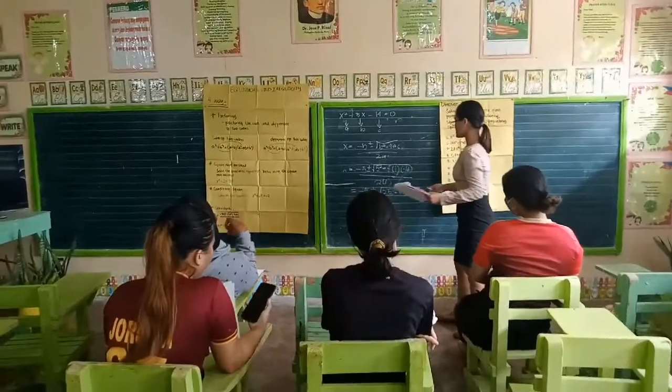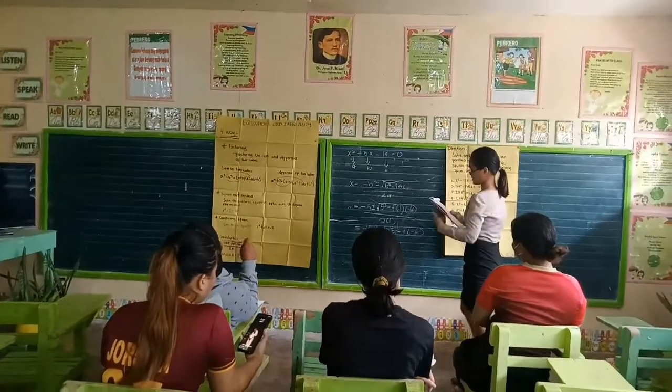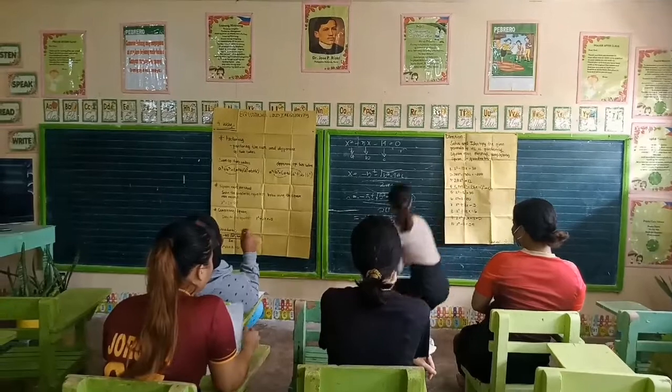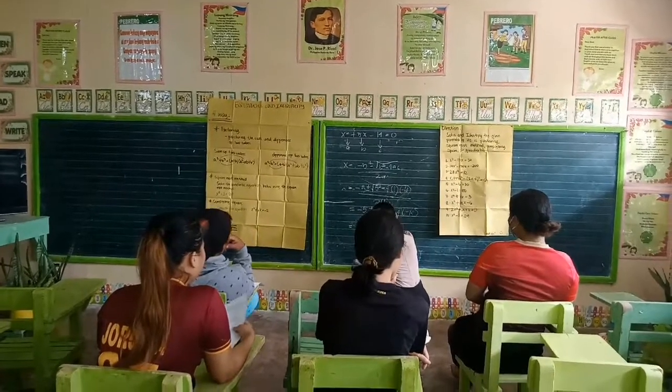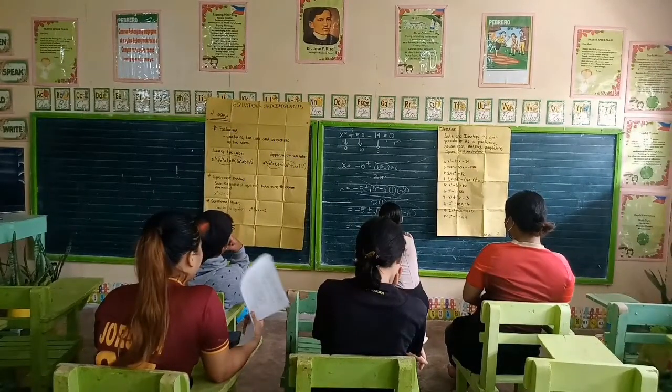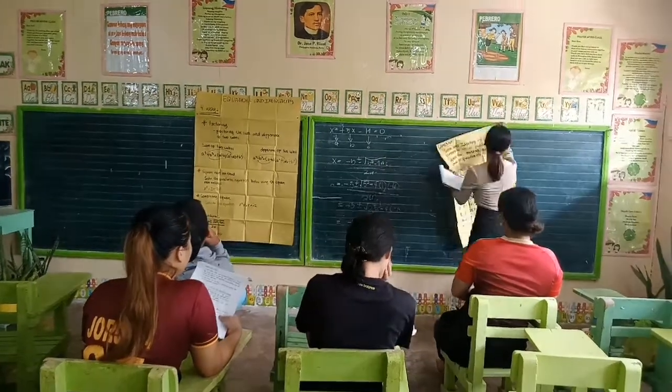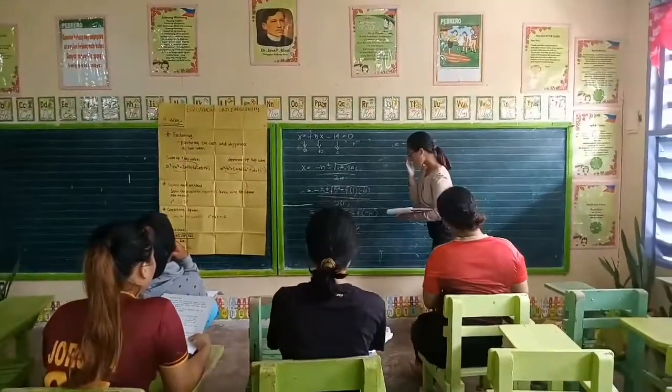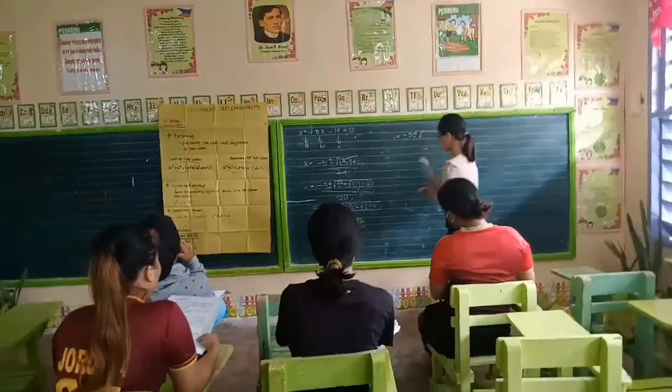Negative 4 times negative 14, 56. So, 56. Add na yun siya. Over 2. 25 plus 56, 81. So, 81.